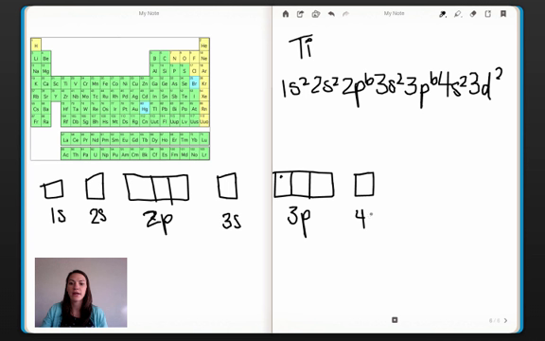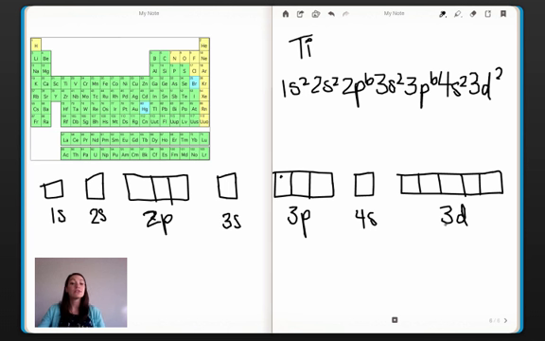That's fine. I've got my 4s, and then my last one is my 3d, and that's going to be 5 boxes, so this is going to be pretty big. 1, 2, 3, 4, 5. Okay, so that's going to be my 3d. So now you guys can see I've got my 1s, my 2s, my 2p, my 3s, my 3p, my 4s, and my 3d. So I've got all of these orbitals taken care of. 1, 2, 3, 4, 5, 6, 7.